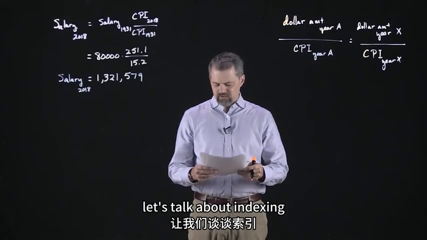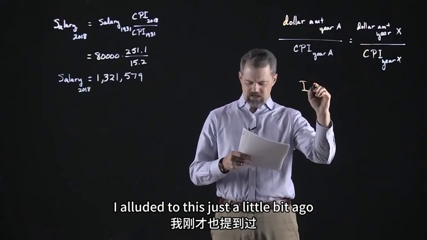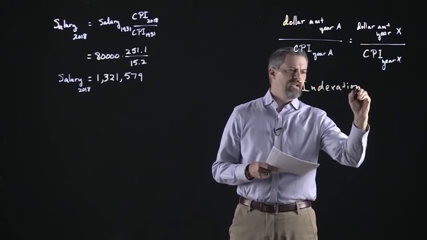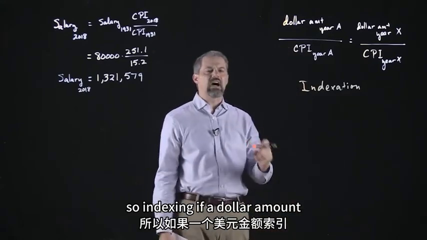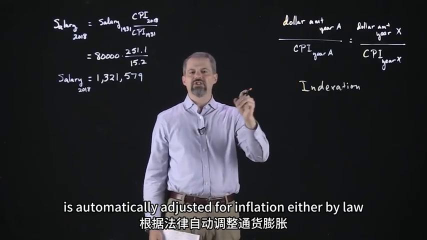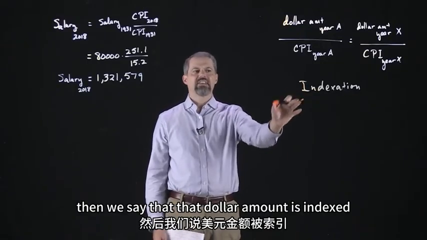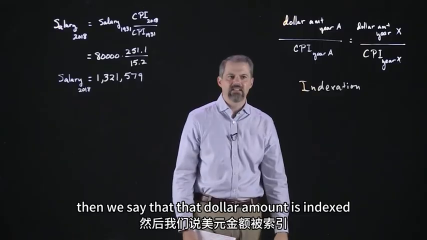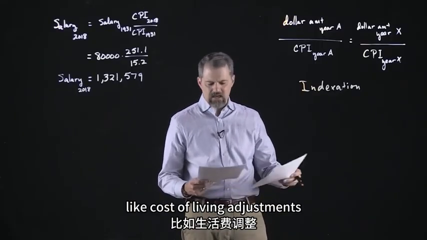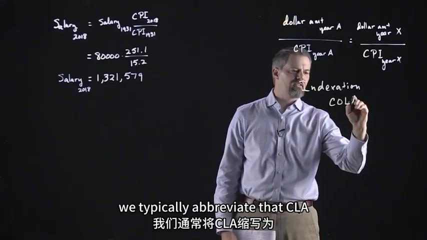Let's talk about indexation. I alluded to this a little bit ago, but let's talk about it a little bit more. If a dollar amount is automatically adjusted for inflation, either by law or by contract, then we say that that dollar amount is indexed. Examples of this would be cost of living adjustments, which we typically abbreviate COLA.